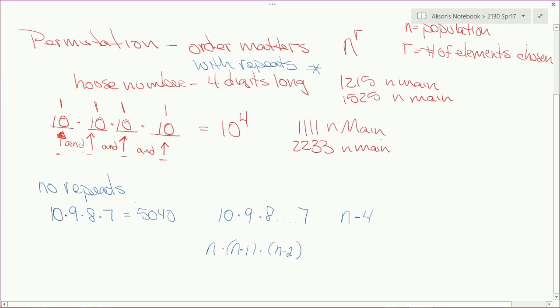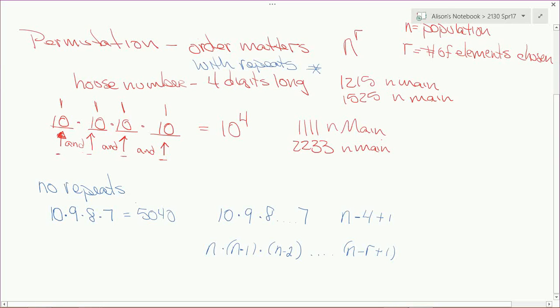Well, 10 minus 4 actually gives me 6, and so I need to add 1 back in. And so if I were to create a generic formula, I would say n times n minus 1 times n minus 2, all the way down to n minus r plus 1. And this is where I would end my formula.